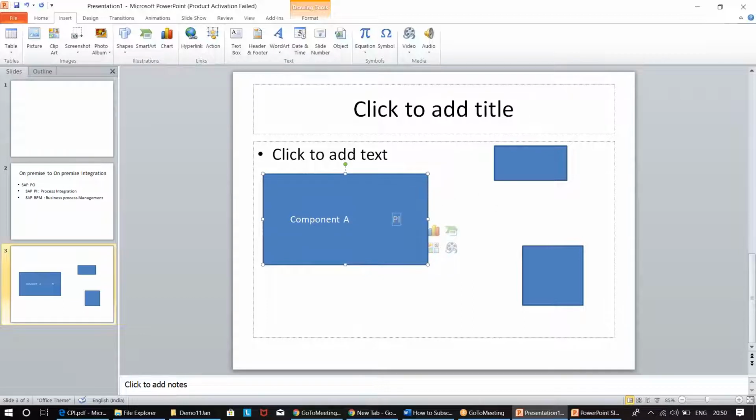A middleware which is installed onto your customer landscape. So this is your PI box. This is one solution, your component A. Right now this is one system, let's say A. This is the customer landscape. This is your PI box.